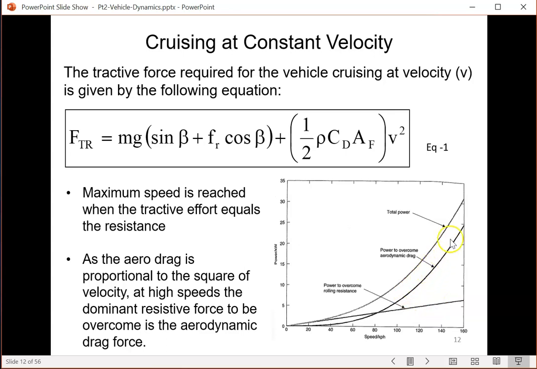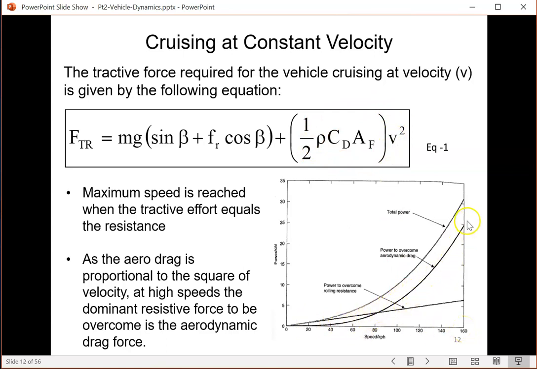Now the second curve is due to the air drag. The opposing air drag force is proportional to v squared, and times that by another v to get the power.